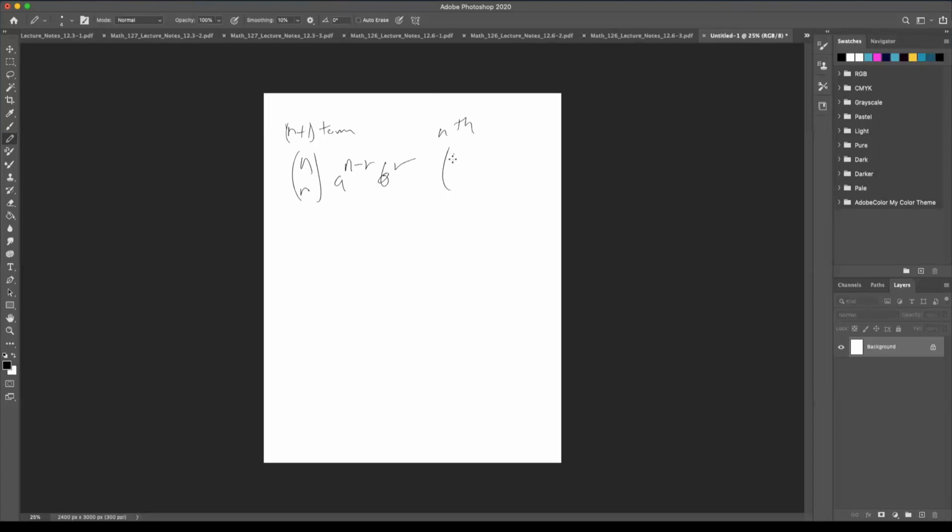So here it'd be n choose r minus 1, a to the n minus r minus 1, which would be plus 1, b to the r minus 1. So these are the two formulas. Sorry about that.